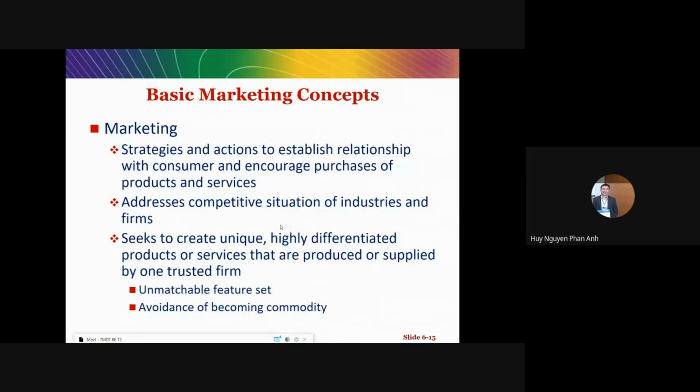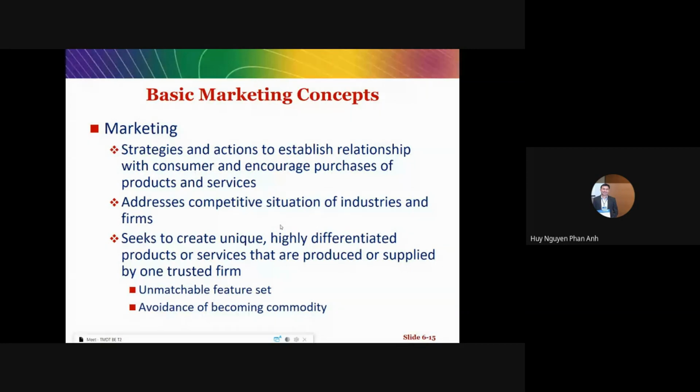Some of the basic marketing concepts about marketing. There are many definitions of marketing. Here they discuss the strategies and actions to establish a relationship with consumers and encourage them to use our products or services.